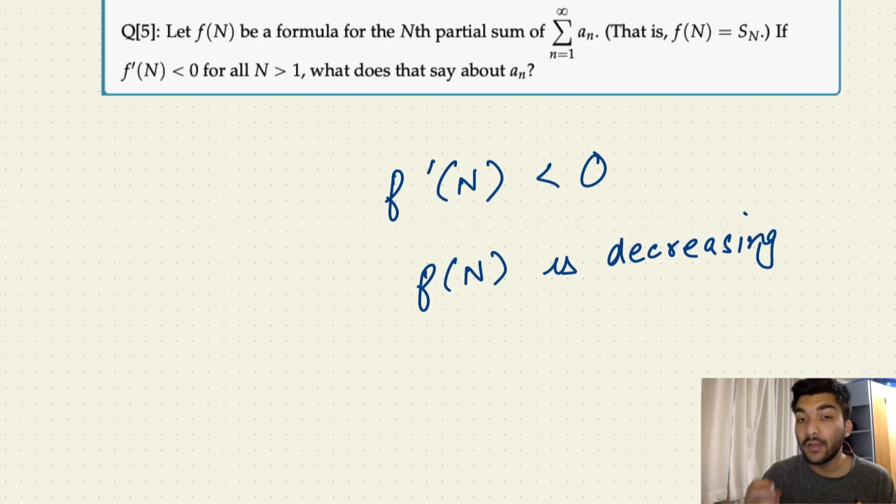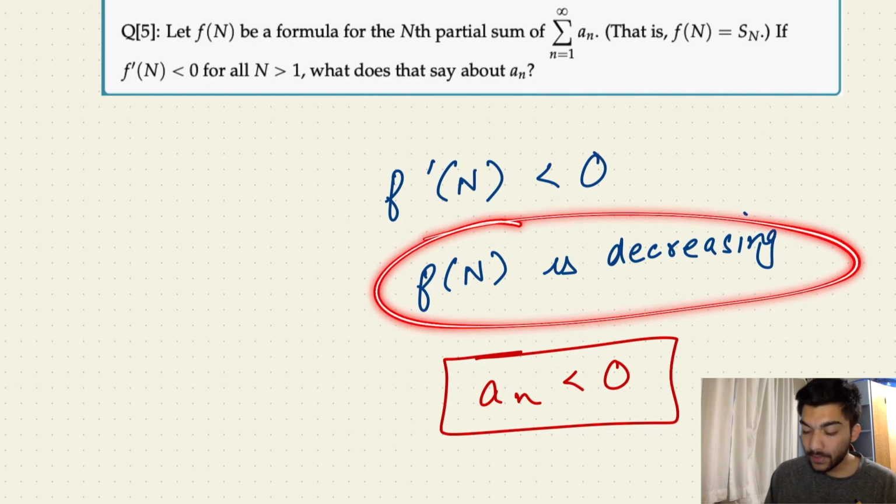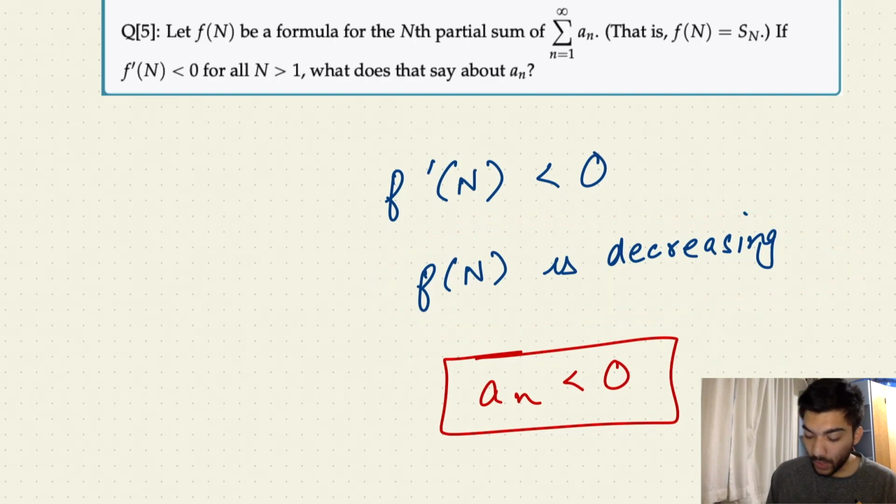Now if we add more terms and our sum is decreasing, that means we are adding negative terms, right? So our a of n should be negative as well. The only thing we can say about a of n is that it is negative, because this case can only be true when you're adding negative terms to your sum.